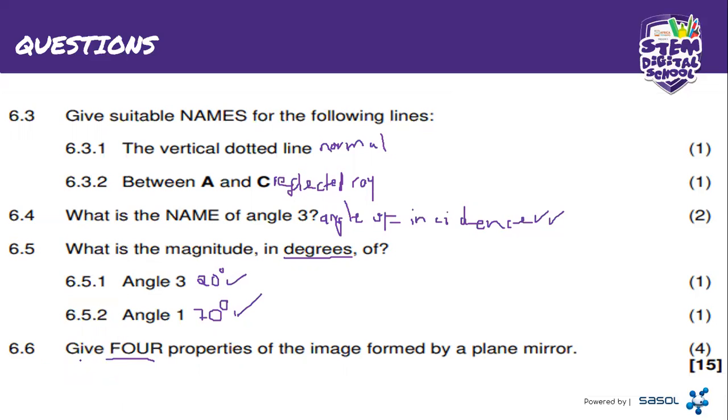So the object itself, like you, when you're looking at the mirror and you look at the image on the other side of the mirror, they are equal in size. So our answer there is that the image is the same size as the object. That is number 1.